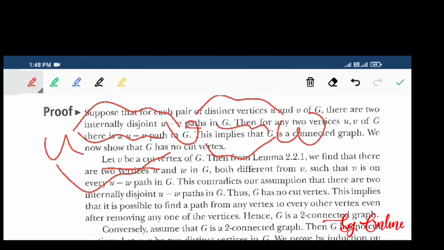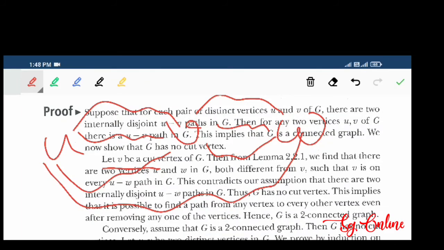But that contradicts that u and w have two internally disjoint paths. So if u and w have two internally disjoint paths between them, it cannot happen that v is in between all the u-w paths, and so there is no cut vertex, and so the graph is two connected.